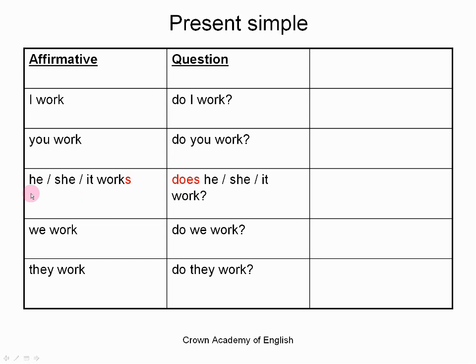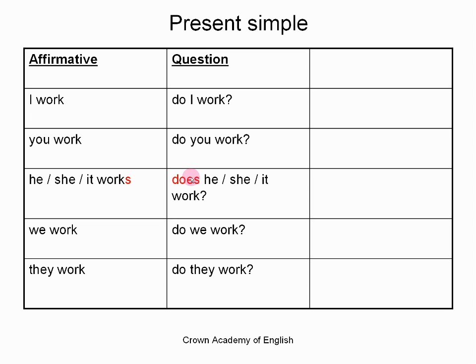This is the exception. In the third person singular, we go from he works to does he work. We go from she works to does she work. And we go from it works to does it work. So we add the word does, not do, we add the word does.